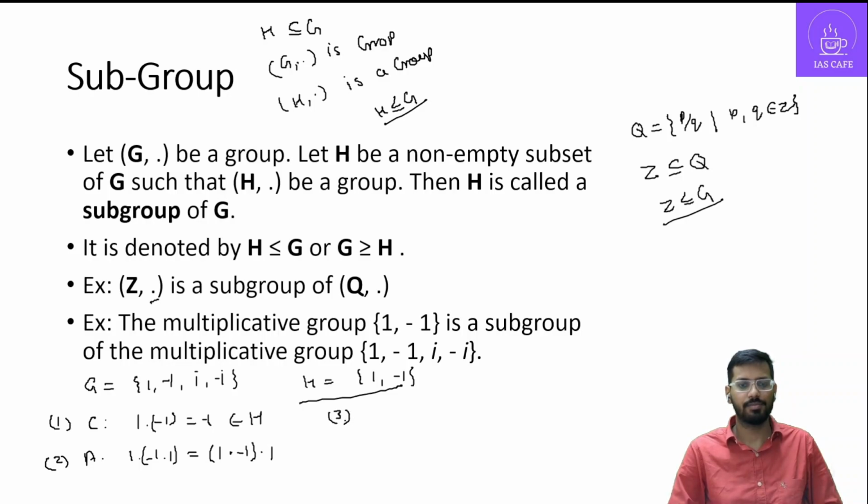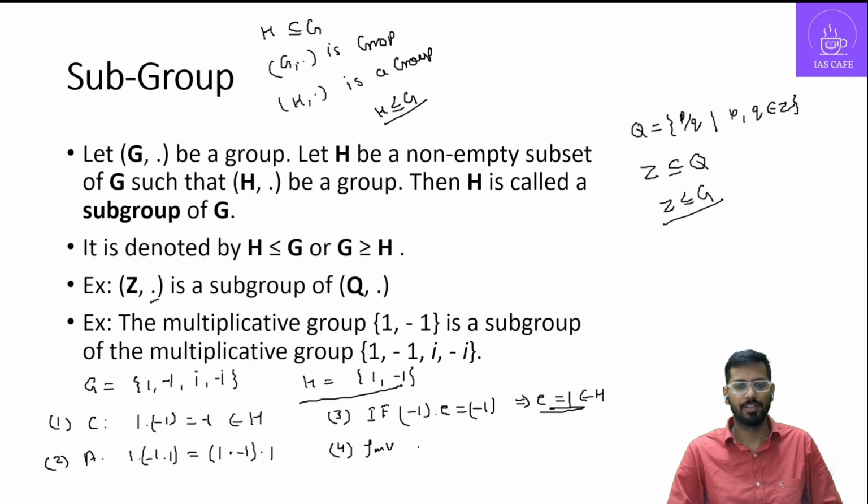Third property is the identity element. If we take -1 · e equal to -1, that means e is equal to 1. So 1 belongs to H. So the identity element is also in the same set H. What about the inverse?